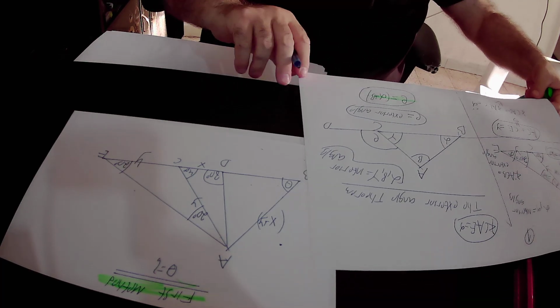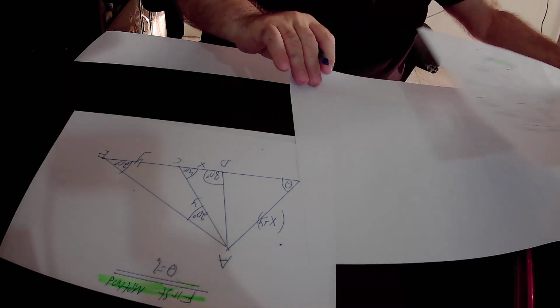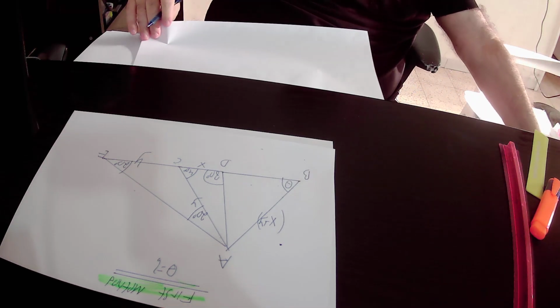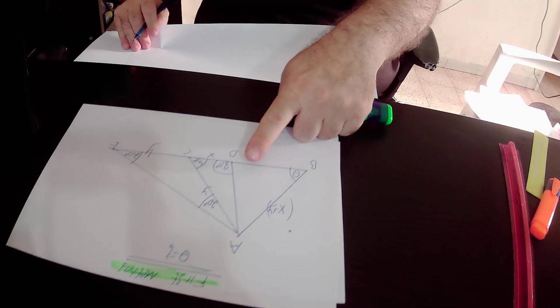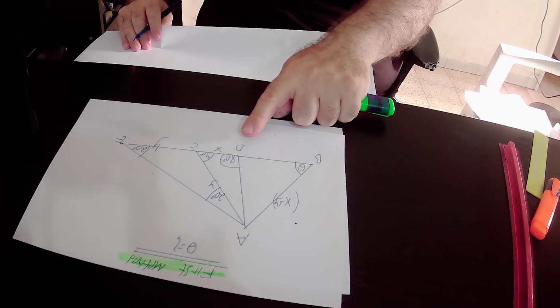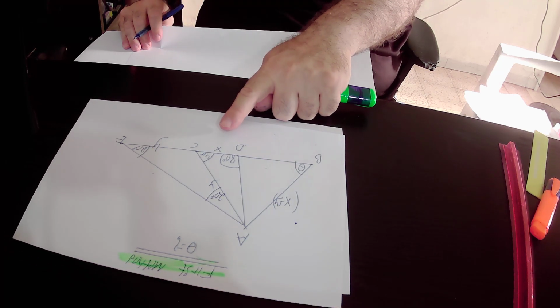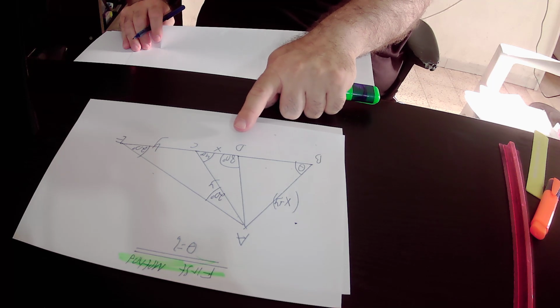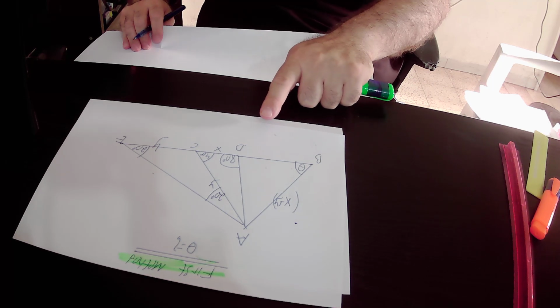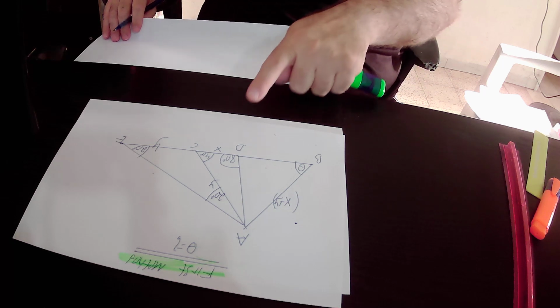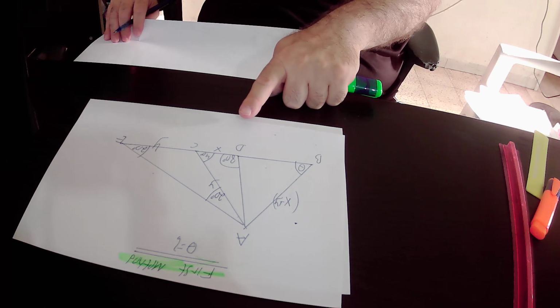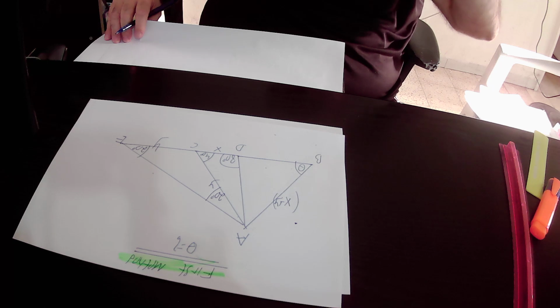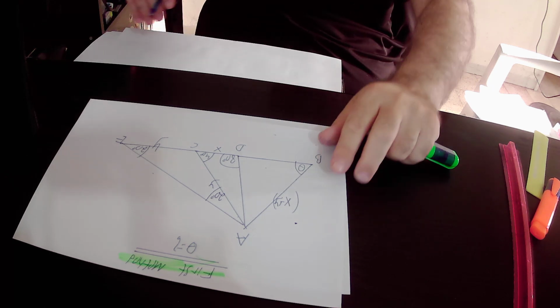Here we focus on triangle ADC. In triangle ADC, this angle equals 80 degrees. This angle equals 40 degrees. 80 degrees plus 40 degrees is 120 degrees. So the sum of two angles in triangle ADC is 120 degrees. Therefore, the third angle must be equal to 60 degrees.